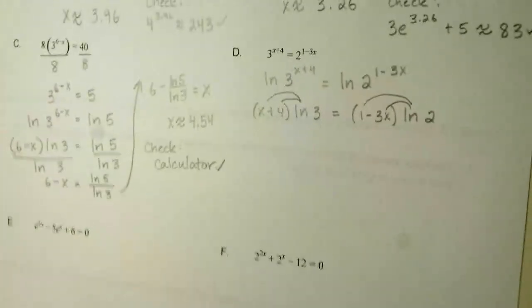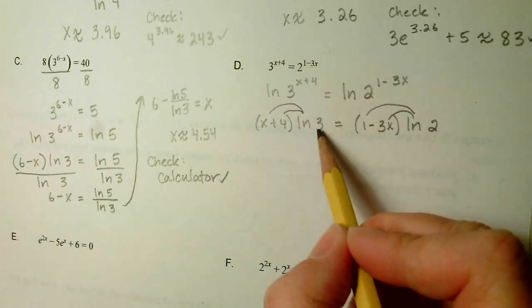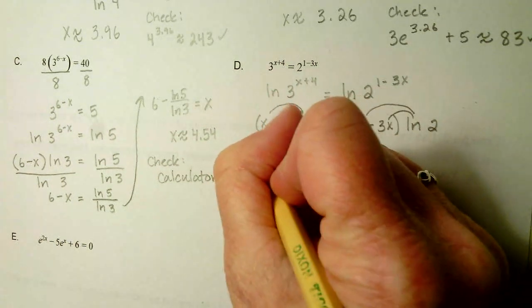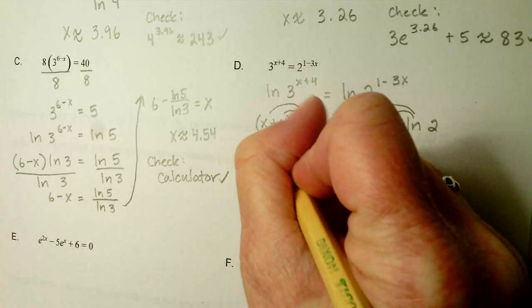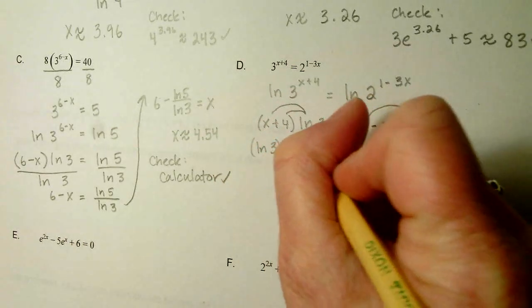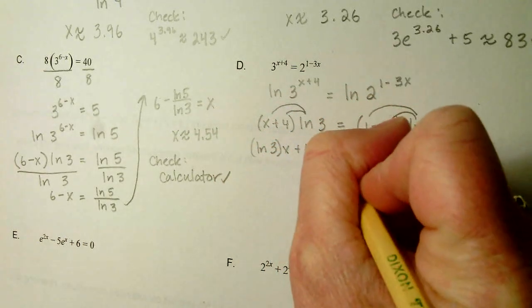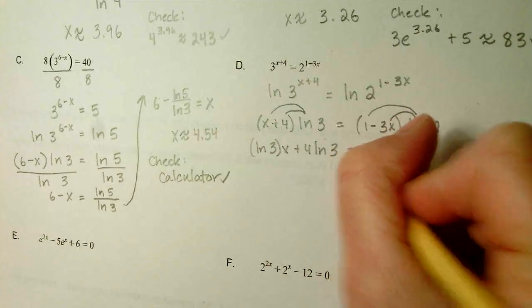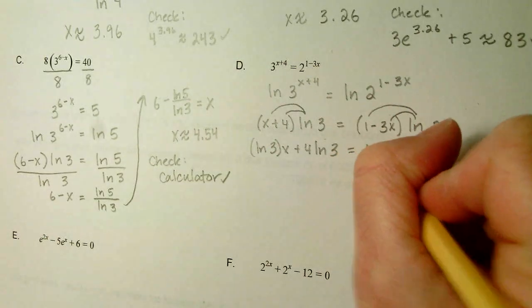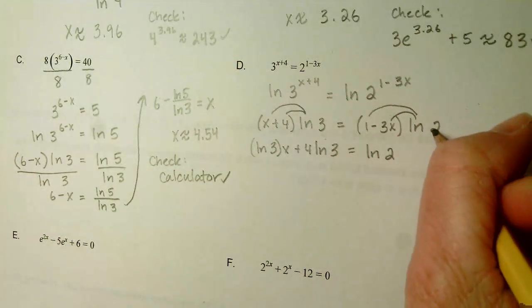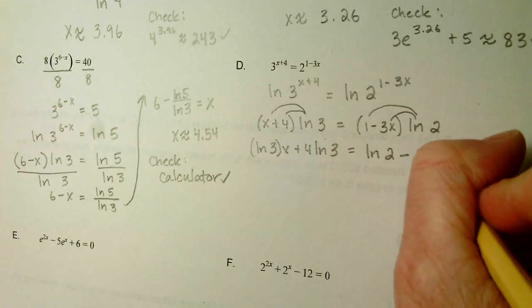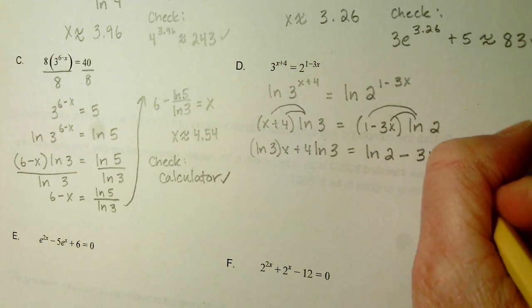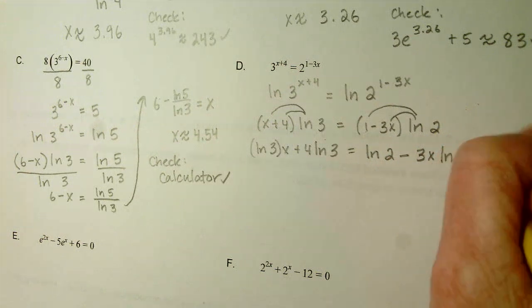So this simplifies to ln of 3 x plus 4 natural log of 3 equals the natural log of 2, so I'm just distributing natural log of 2 times 1, minus 3x times the natural log of 2.